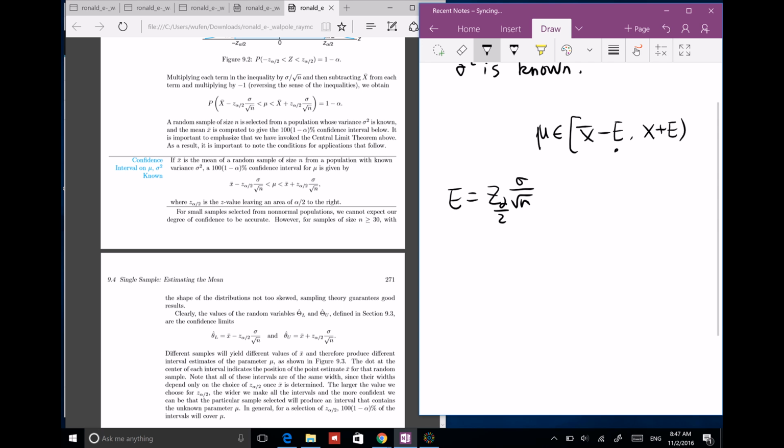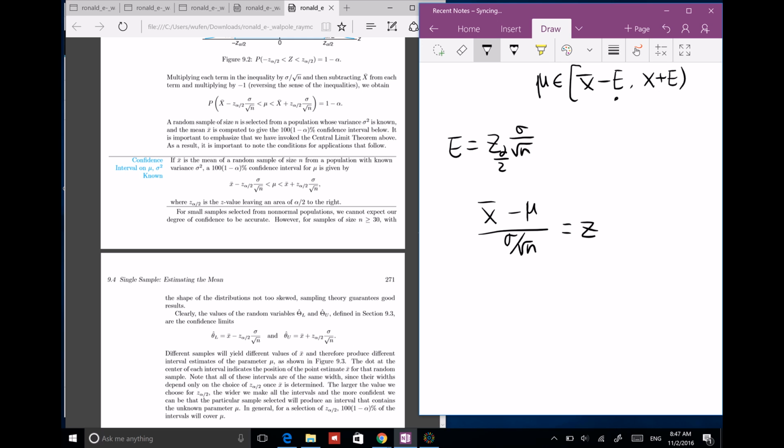Why is E equal to that? If you look at the formula, x bar minus mu over sigma over square root of n equals the z score. Then x bar minus mu, the difference, equals z times sigma over square root of n, with alpha.